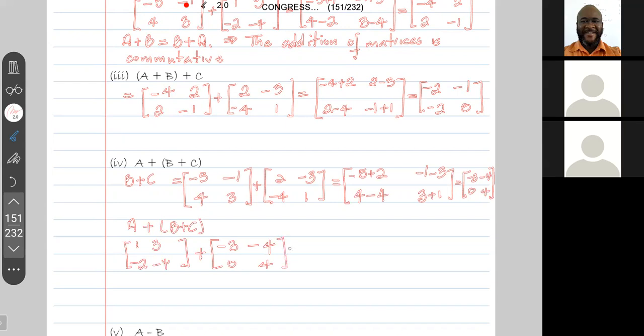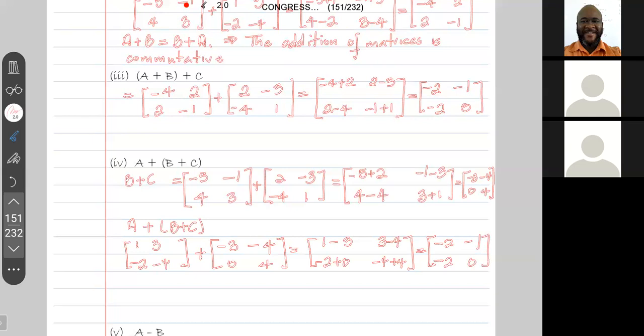So let's add. This is 1 minus 3, 3 minus 4, minus 2 plus 0, minus 4 plus 4. And the final answer is minus 2, minus 1, minus 2, 0.